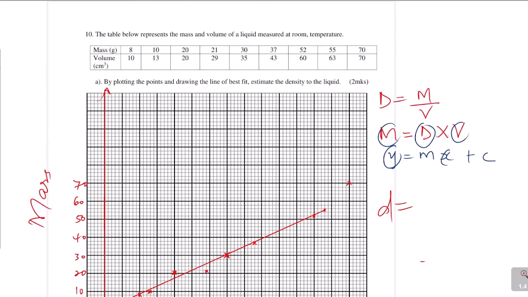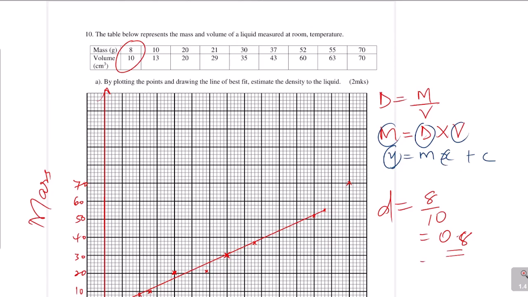So when mass is 8, divided by volume 10, density here will be given by 0.8. So 0.8 is the density.